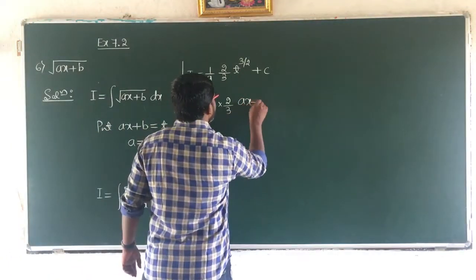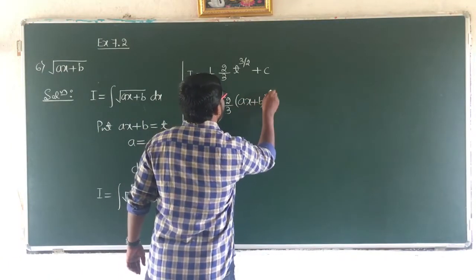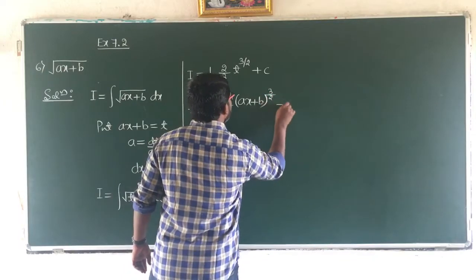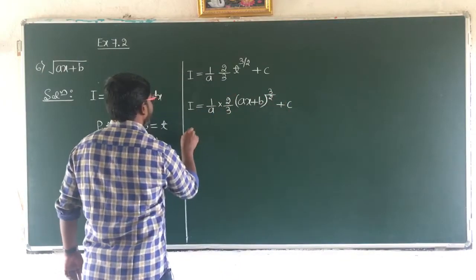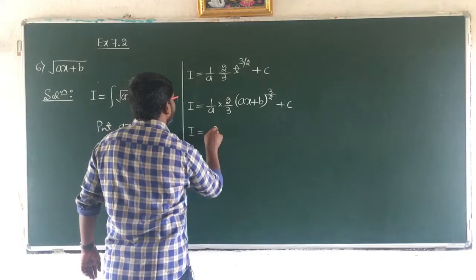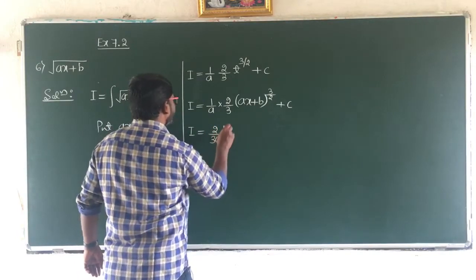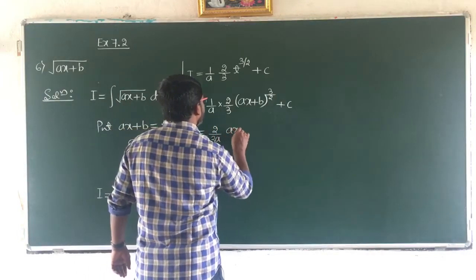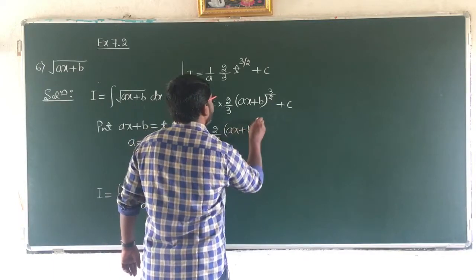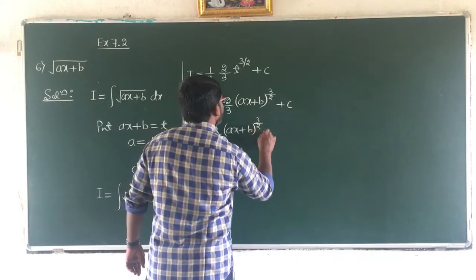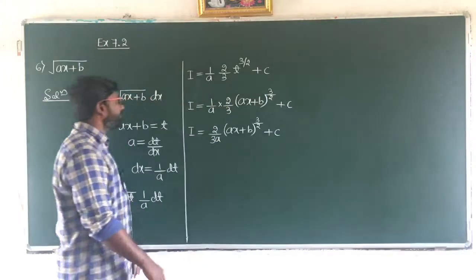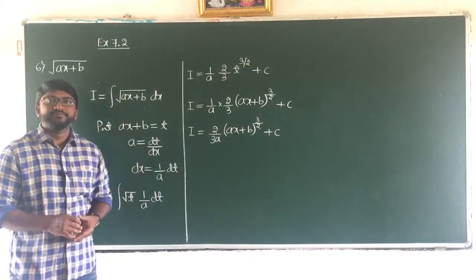So ax plus b to the power 3 by 2 plus c. Rearranging the terms, we get 2 divided by 3a into ax plus b to the power 3 by 2 plus c. So this is all about the sixth question.